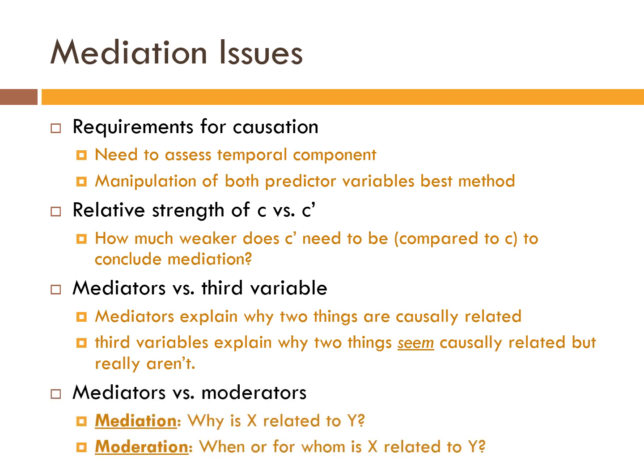And then finally, there's also moderators. A mediator is the why question. Why is X related to Y? But the moderator is the when or for whom. So this is showing that the relationship between X and Y is different depending on the context. So it might be that only negative people see a relationship between GPA and self-esteem, or only positive people see that relationship.